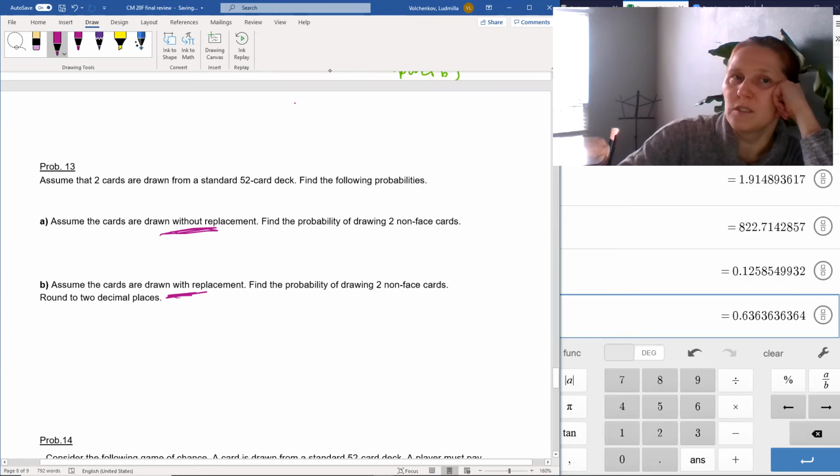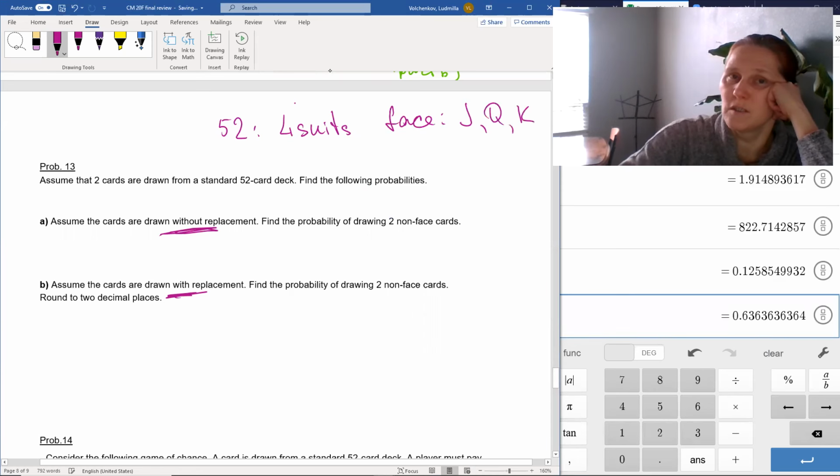Let us recall what the deck consists of. So we have 52 cards, 4 suits. So face cards are jacks, queens, and kings, 4 jacks, 4 queens, and 4 kings.